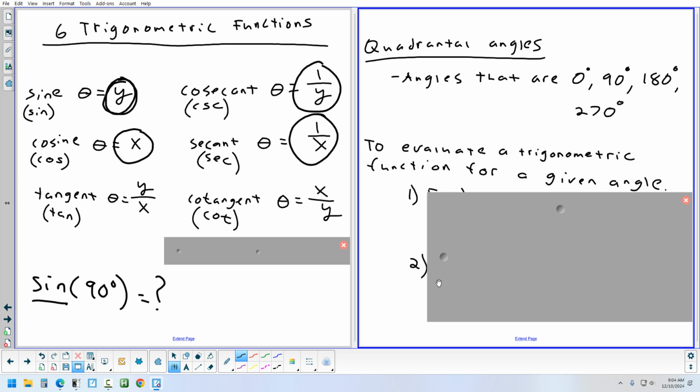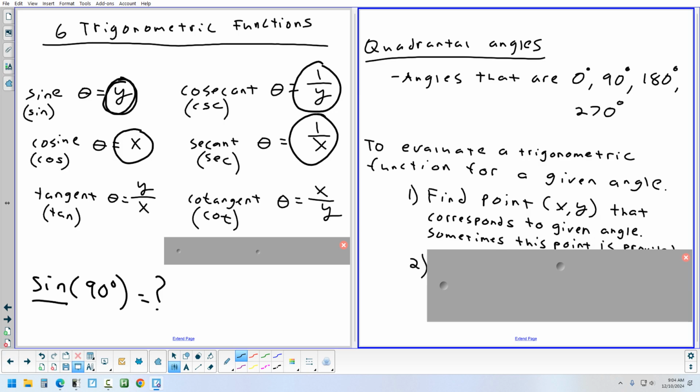We need the what of the angle to be able to plug into all 6 formulas? Yeah, we need the XY coordinate. We need the point that represents the angle. So that's the first step. So find the X and Y value that corresponds to your angle.